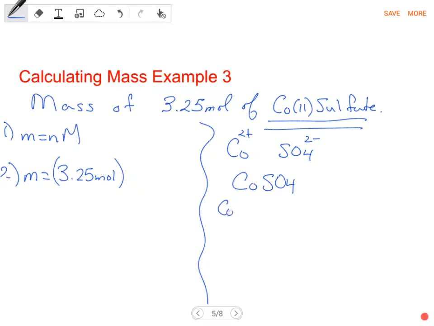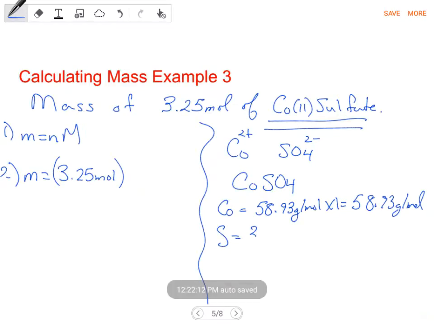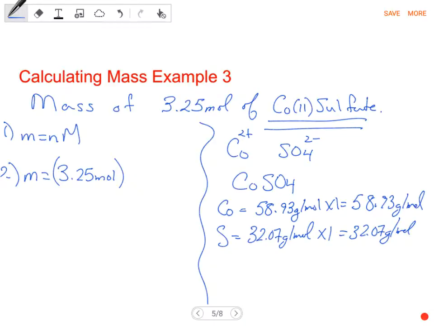So we have Co is 58.93 grams per mole times 1, which of course is 58.93 grams per mole. Then we have sulfur. We have one of those, so that's going to be 32.07 grams per mole times 1, which is 32.07 grams per mole. And finally, we have oxygen, which we have 4 of them, and oxygen is 16.00 grams per mole times 4.